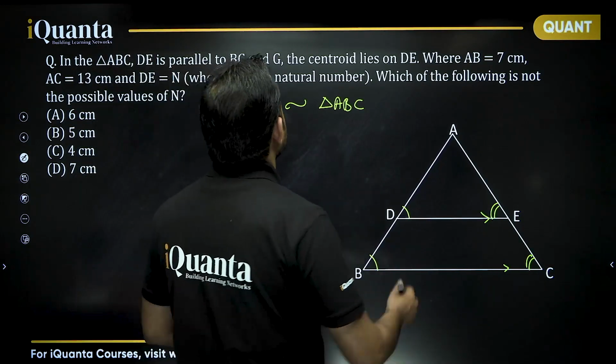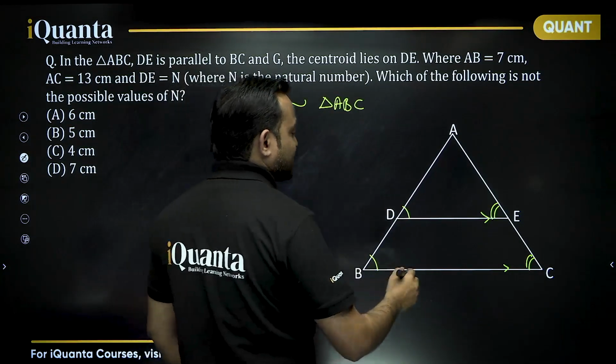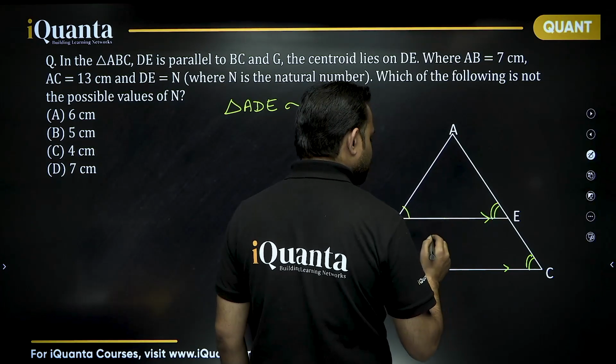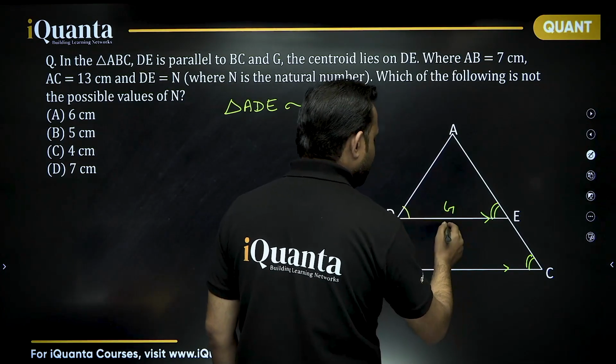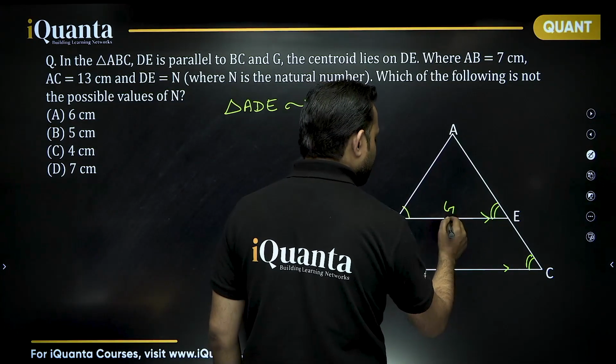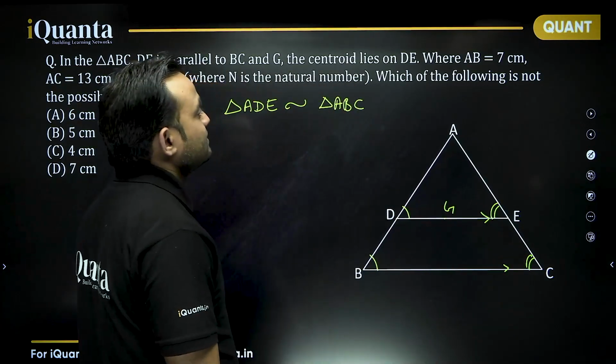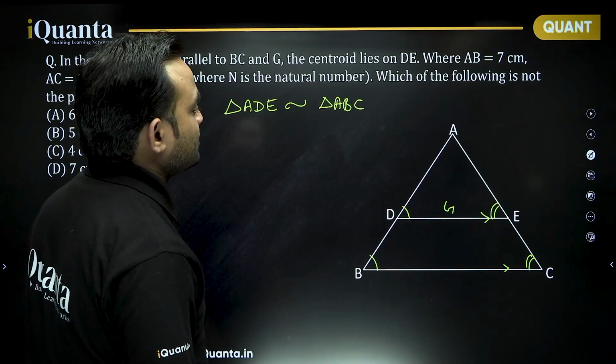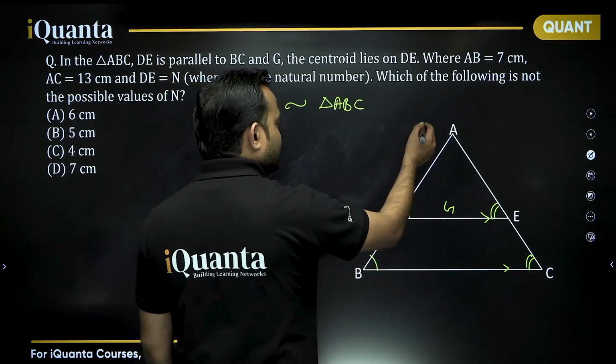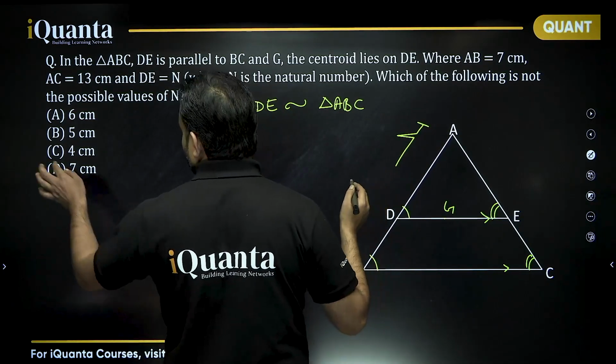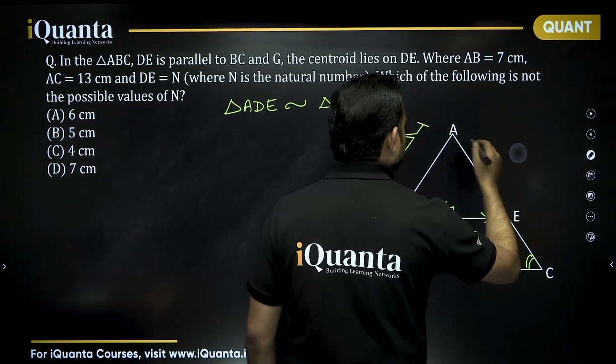Now it says G is the centroid, which lies on line DE. So let's say somewhere G is here. AB is equal to 7 centimeters, so AB is given.